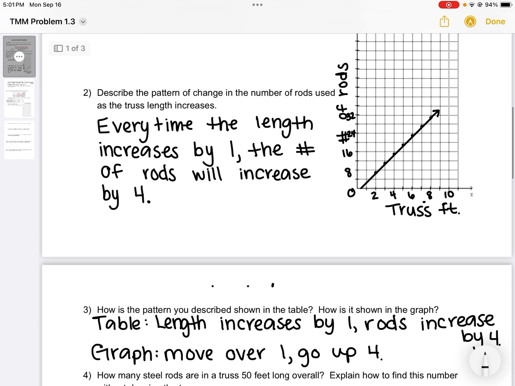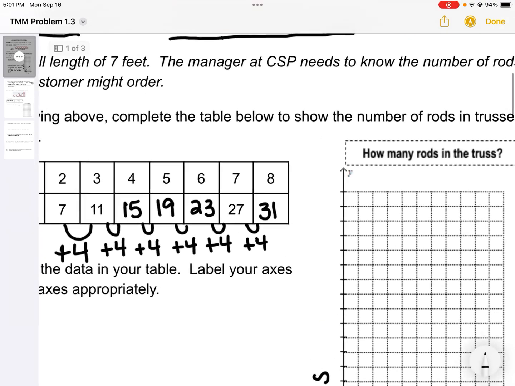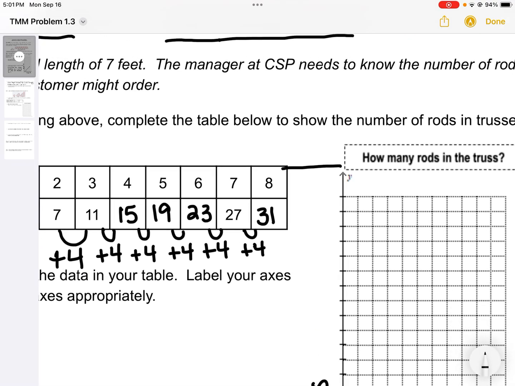If I go back up to my original table, I'm going to add just a couple of boxes, and I'm going to fill in 9 feet and 10 feet. If I continue with my pattern of adding 4 rods every time 1 foot increases, if I have 9 feet, I should have 35. And then if I have 10 feet, I should have 39.